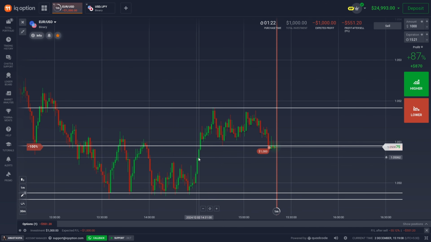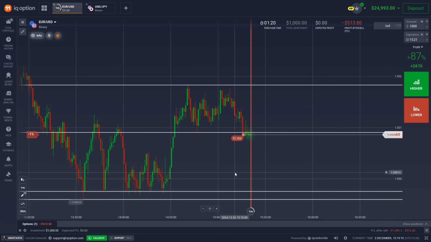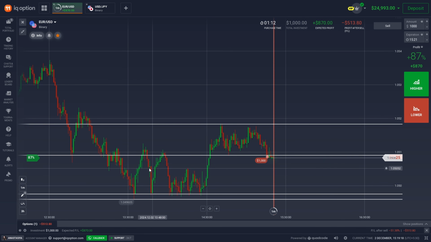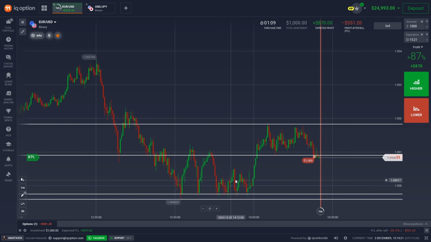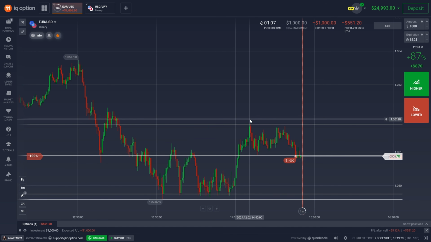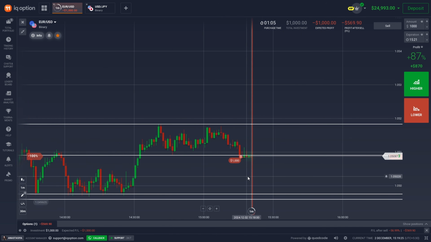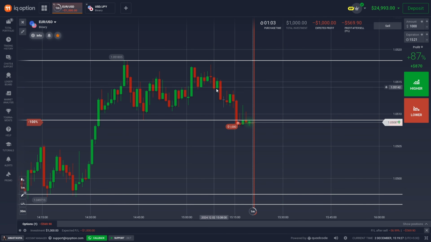Now, a ranging market is something that you should always look for, because from a ranging market you will find breakouts and trend reversals. Like in this case, after this range, the market broke and went up. Similarly, in this case, after the breakout, you can expect that the market will fall.